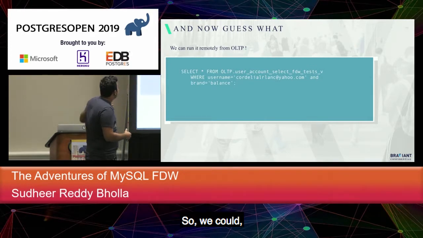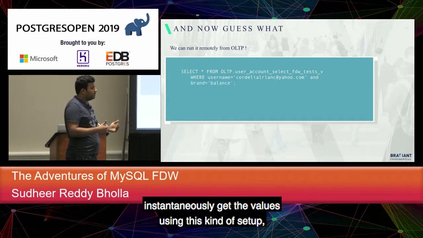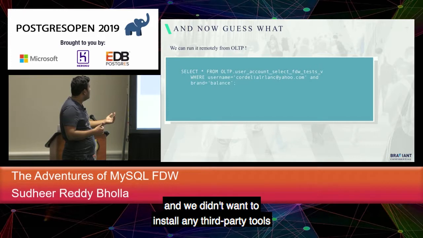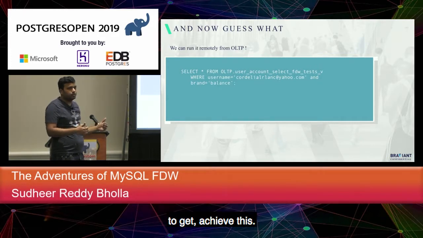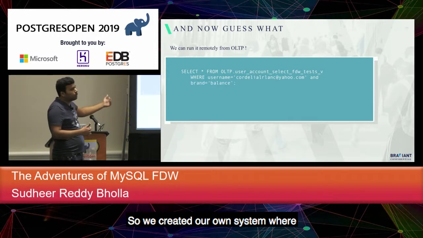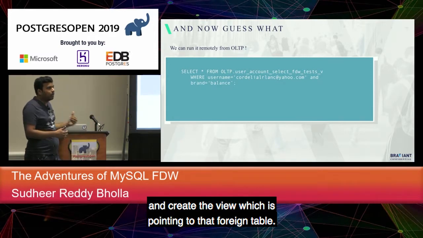So we could instantaneously get the values using this kind of setup, and we didn't want to install any third-party tools to achieve this. So we created our own system where you create two sets of foreign tables and create a view which is pointing to that foreign table.